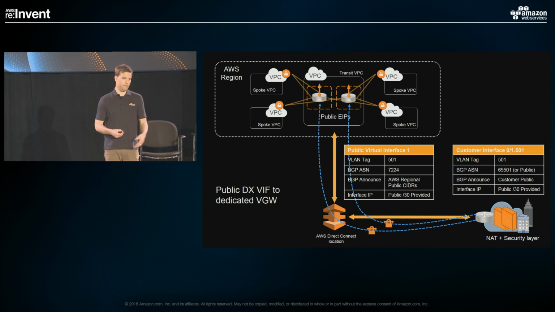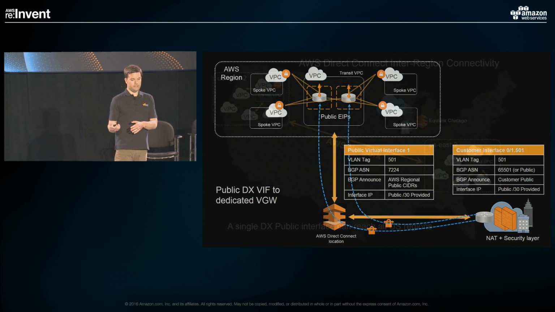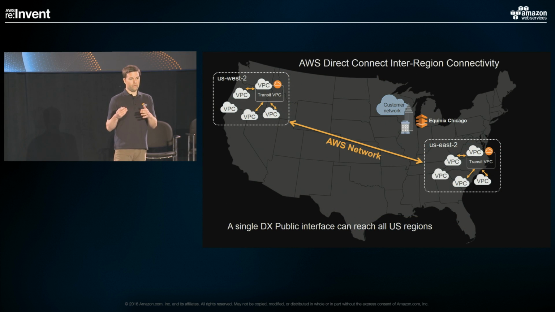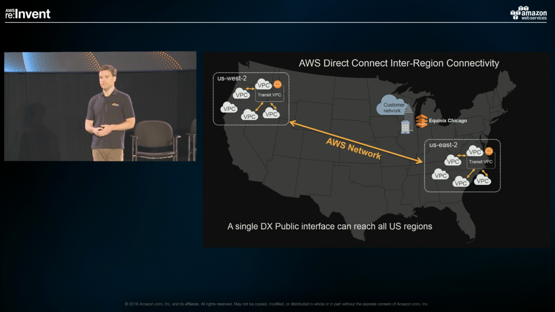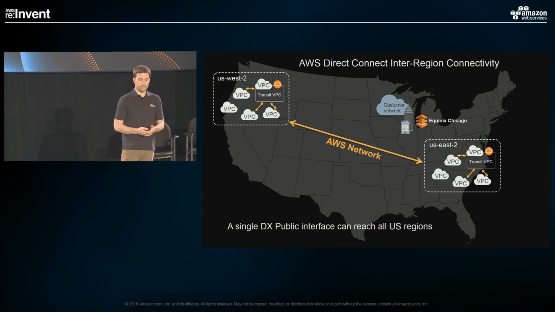The advantage of the public is that in the US, once you connect in one Direct Connect location with a public Direct Connect interface, you get access to all the AWS regions. So if you were running transit hubs in multiple regions through this single connection, and here we represent it in the Equinix in Chicago, to the new US East region, is where you're directly direct connected into.